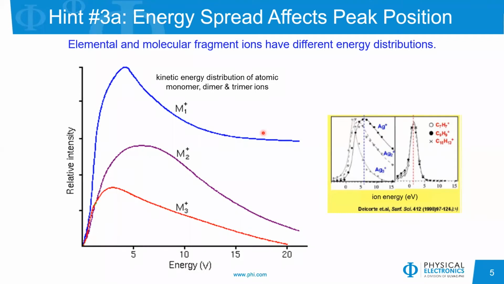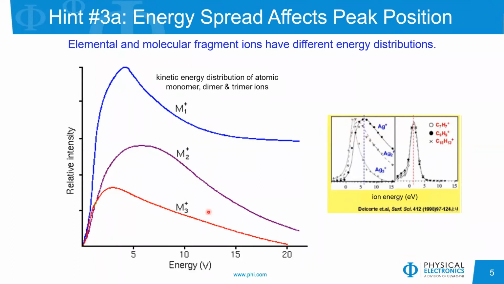And on the high side of nominal mass, you'll see the C2H3 peak in the positive ion polarity. And you'll notice that the aluminum peak is always broader than the C2H3 peak. The reason that you see that difference is because atomic ions have a very broad energy distribution, which broadens the peak. As you go to multinuclear ions, that energy distribution tightens up.